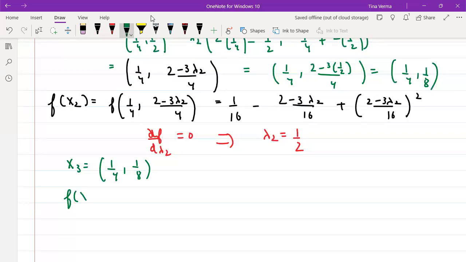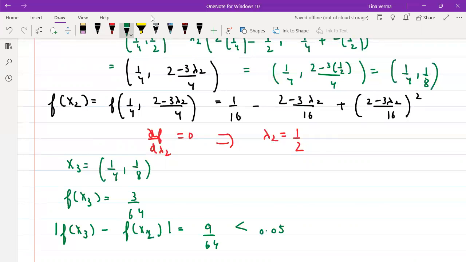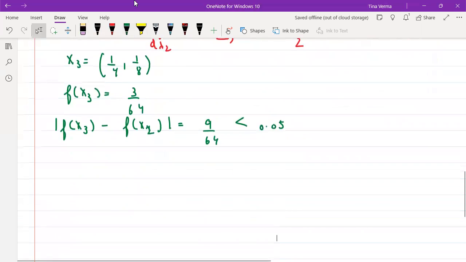So you can check the function's value at x3. This is your 3 by 64. Function's value at x3 minus function value at x2, this you will get 9 by 64 when you do that. That is less than 0.05. That means we have obtained the approximate optimal solution.